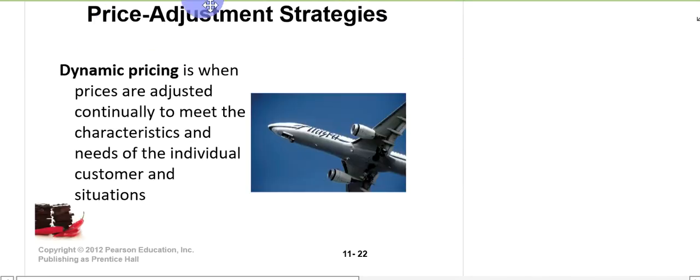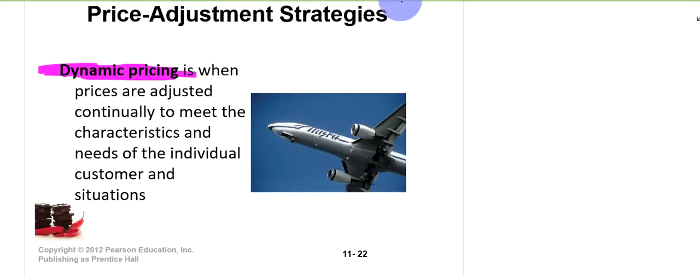Next, after geographical pricing, we will discuss dynamic pricing. Dynamic pricing means that companies sometimes raise the price of the product and sometimes reduce it.